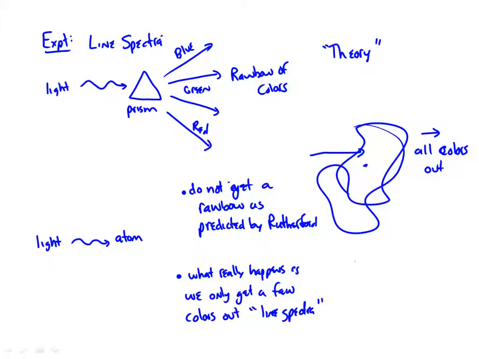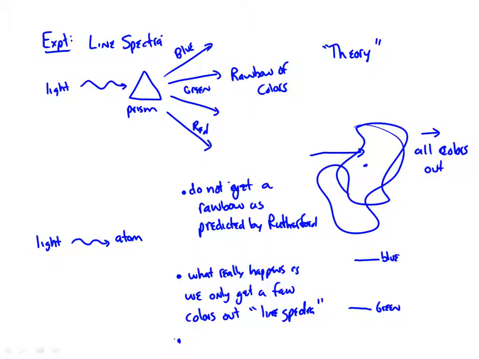So instead of getting an entire rainbow, you might just get one small little portion of blue light, and you might get one little small portion of green light. Rutherford's model would predict every color possible.